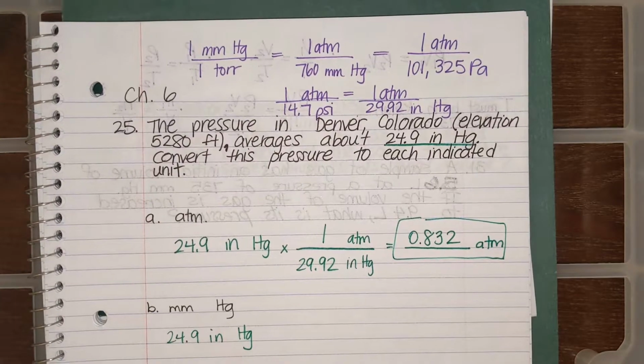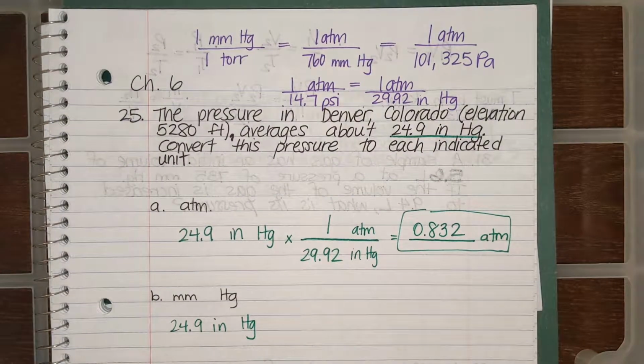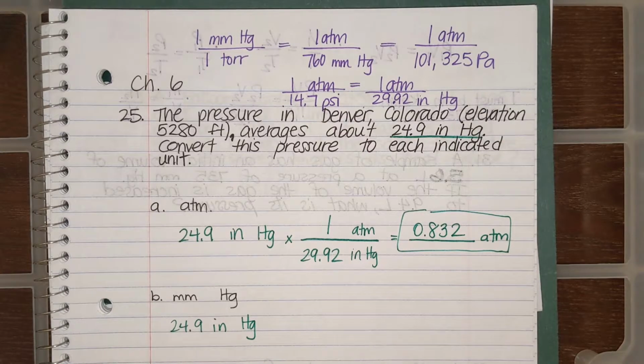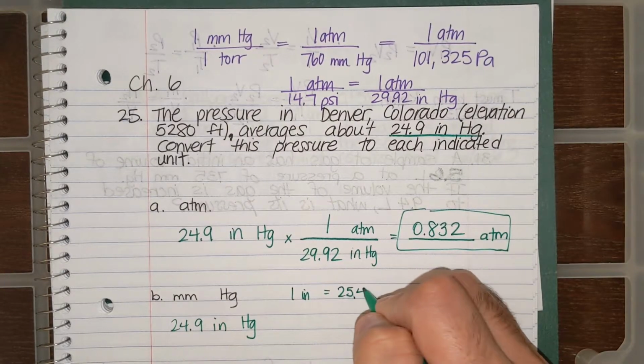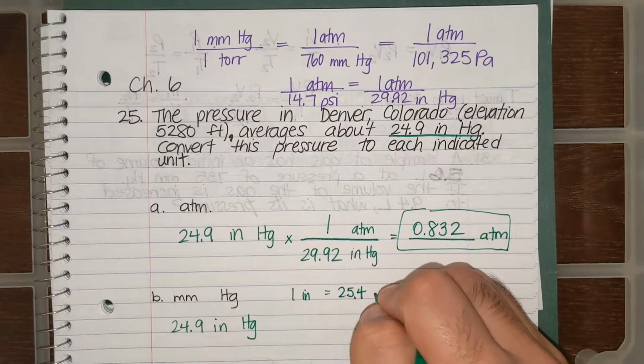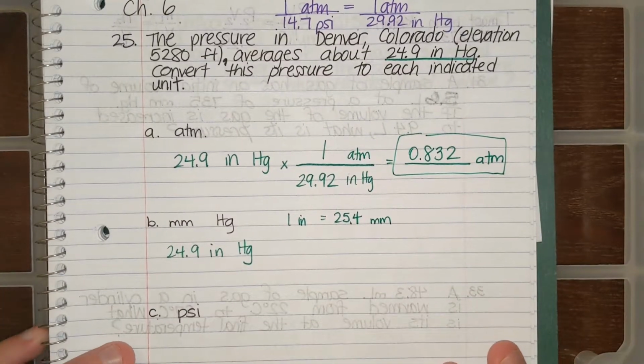But what I do know, and I'm going to look this up on the side, is that there is a direct conversion between inches and millimeters. One inch is equal to 25.4 millimeters. This is just a conversion you could find anywhere if you look it up.